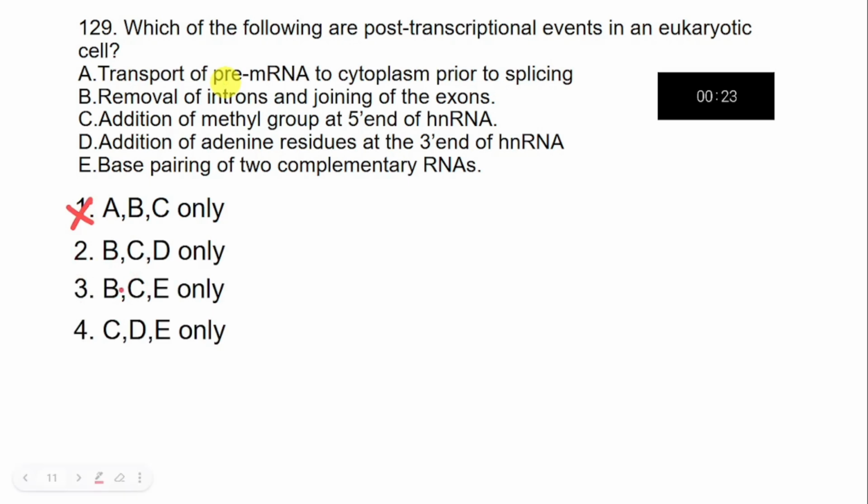Now we have B, C. The second one, removal of introns and joining of exons, is correct. B is correct. So rule out 4. Now C will definitely be correct. Just rule out between D and E. D is addition of adenine residues at the 3' end of hnRNA. Correct. So D is correct. So option 2 is the right option for this question.